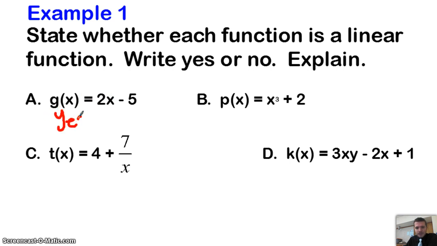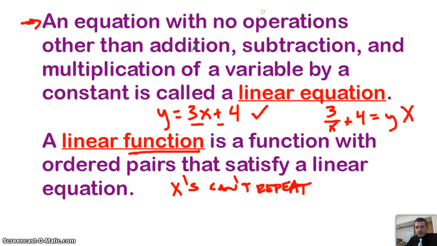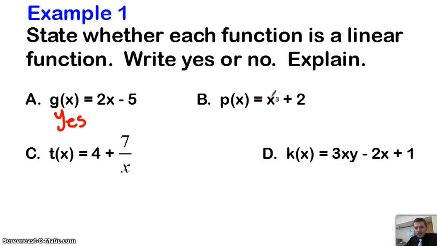I'm getting ahead of myself, I'm breaking into the next problems. Okay, here we go. Next one is p of x equals x cubed plus 2. It says it has no operations other than addition, subtraction, and multiplication. Now x cubed is considered an operation. x cubed is not a line.